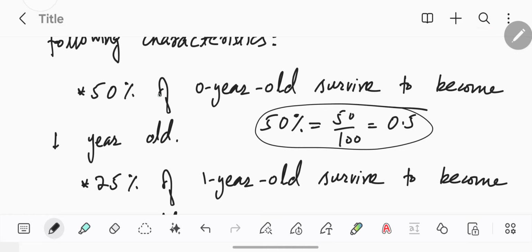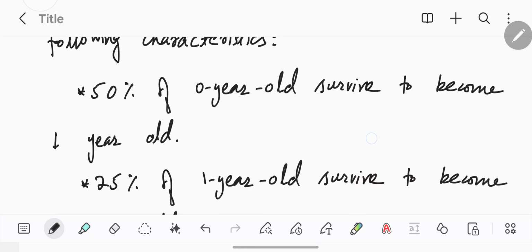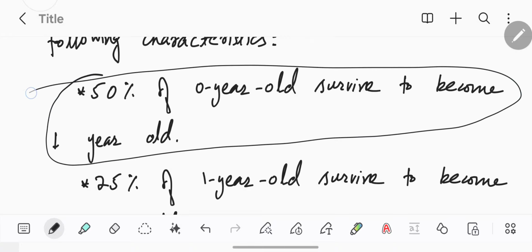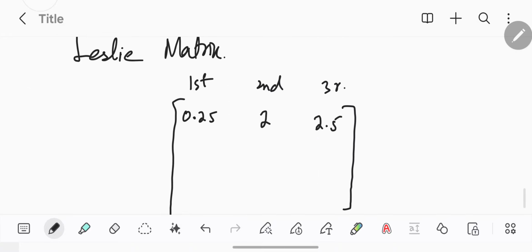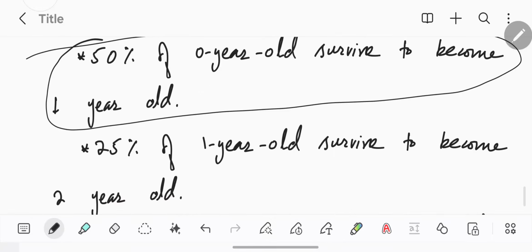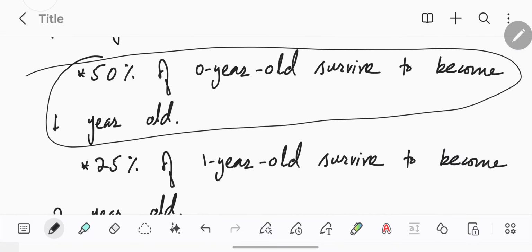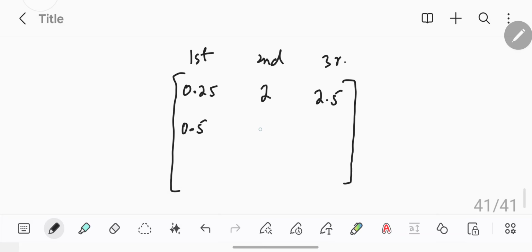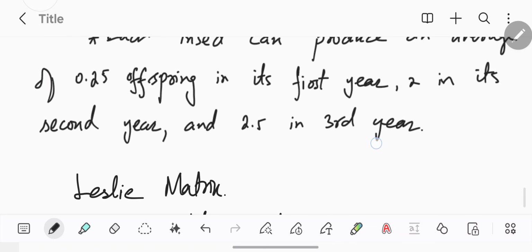So in the first year, from this information, we have 0.5 insects. So I will write 0.5 in the first year. Since this is the only information for the first year, for the second and third year I will consider 0, 0, because there is no information given for the second and third year in this row. So here I will write 0 and 0.